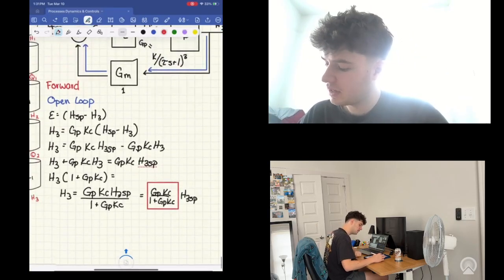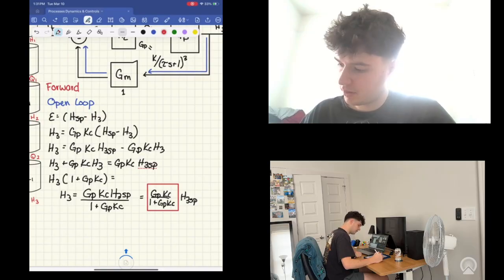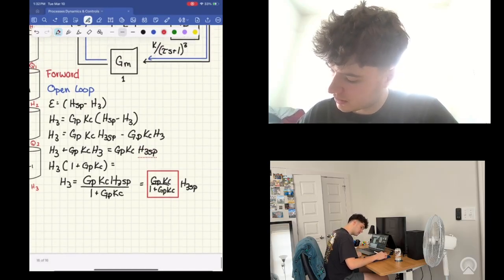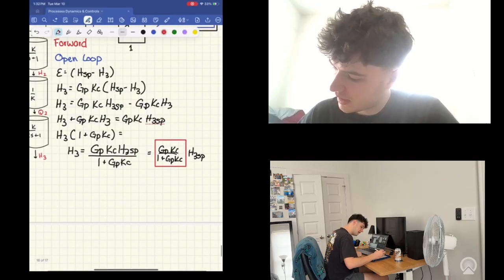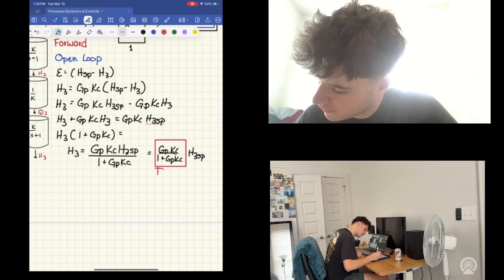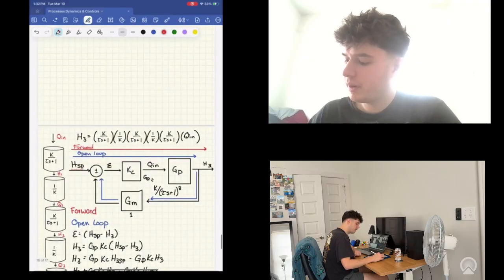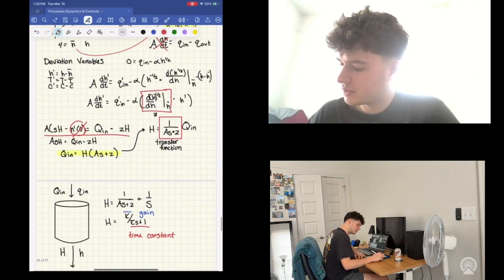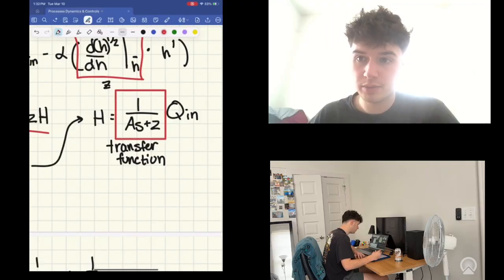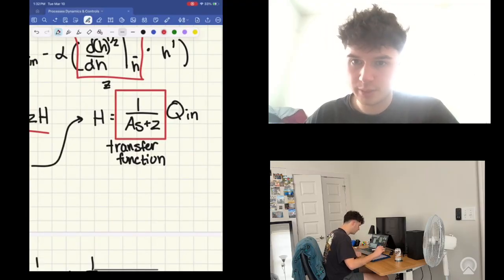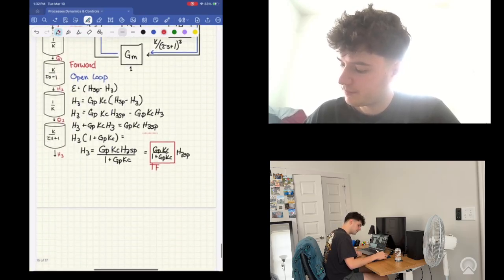So now, as you can see, we have this equation right here in our red box. And again, we'll list this as the transfer function, TF. If you go back to what we did in part A, I'll scroll up here, you can see a very similar equation where we have a value multiplied by a numerator denominator polynomial multiplied by our q. Same thing here.